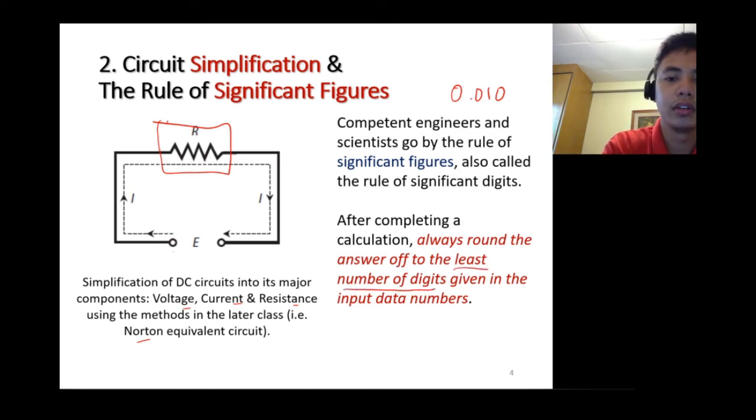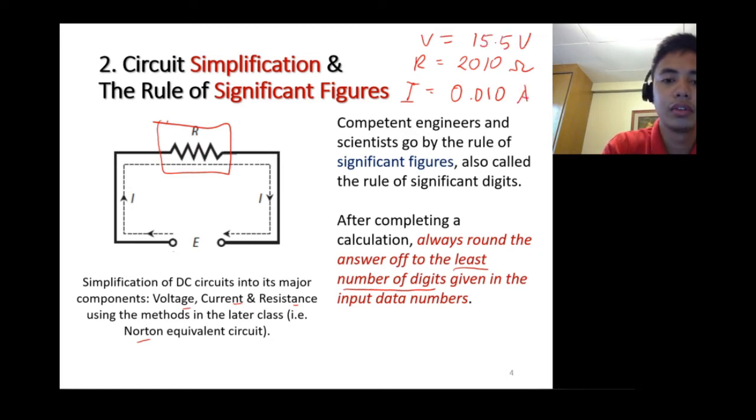For example, this is your current, and then you have resistance 2010 ohms, and then voltage equals 15.5 volts.